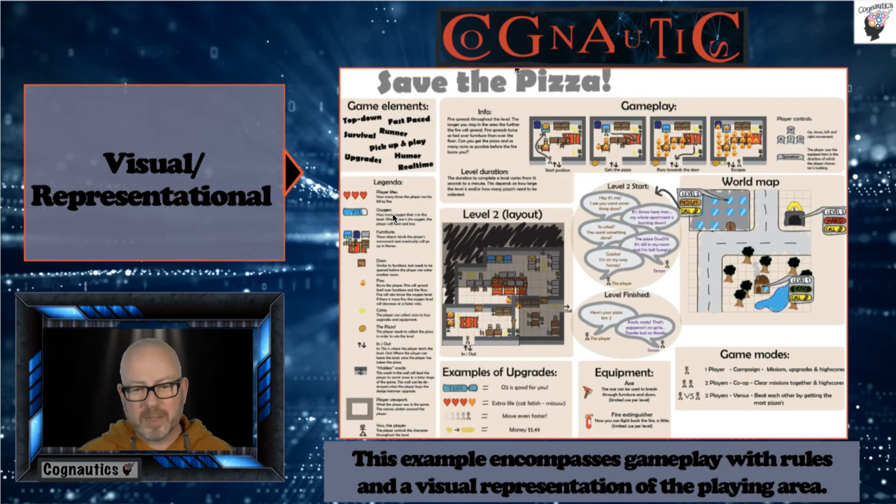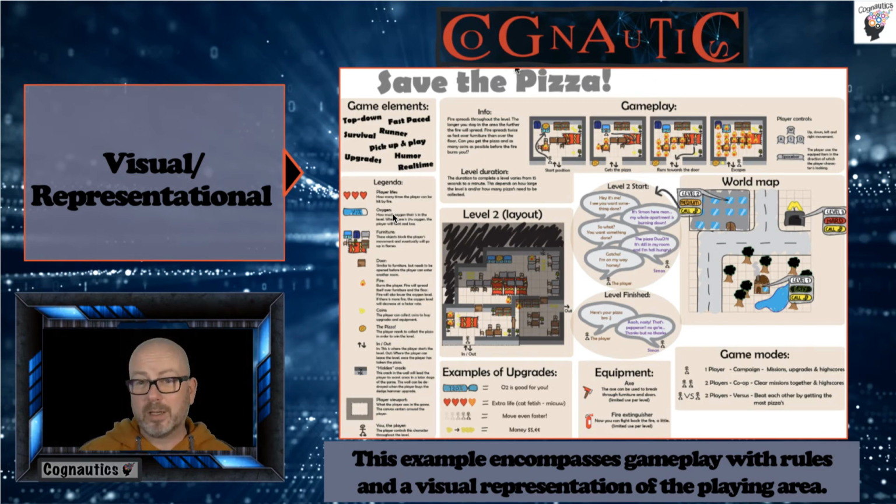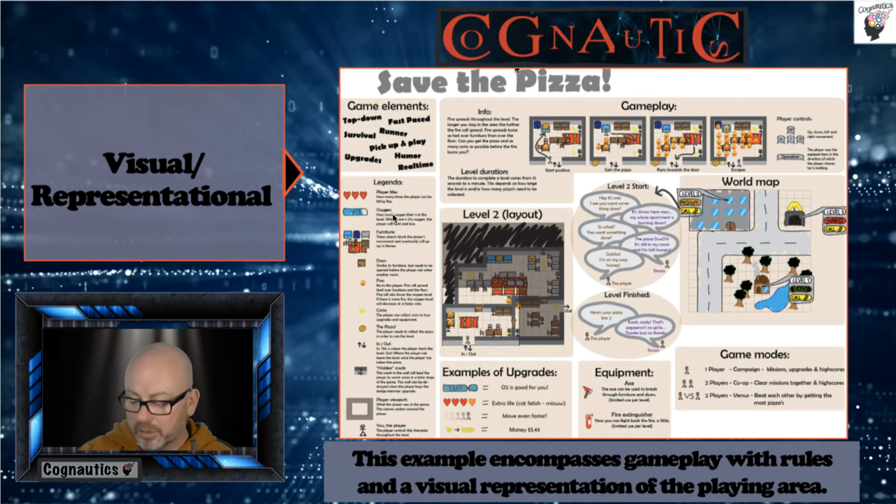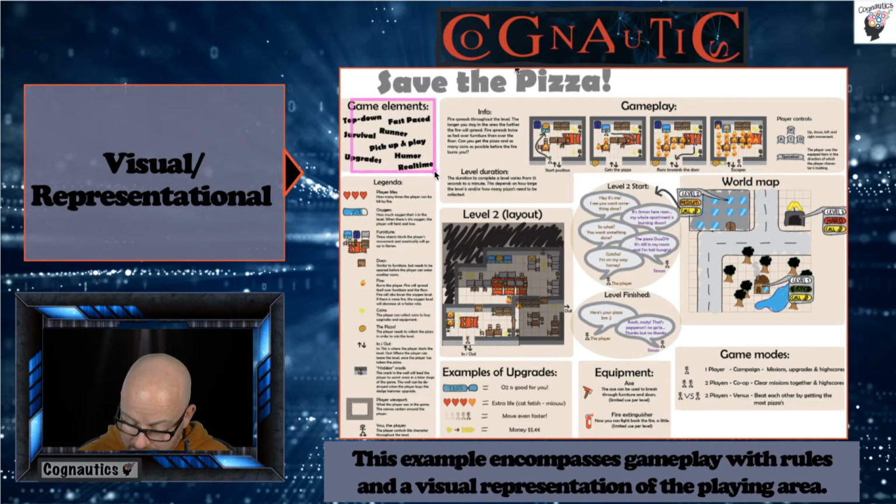Another example here, different approach. This is Save the Pizza, and what they've done here is try to put everything onto one page to give you a sort of one-page ready reckoner of how the game will actually look and feel. So let's just run through what's here. The game elements up at the top left-hand side there, the way the gameplay will look. They got some screenshots in there.